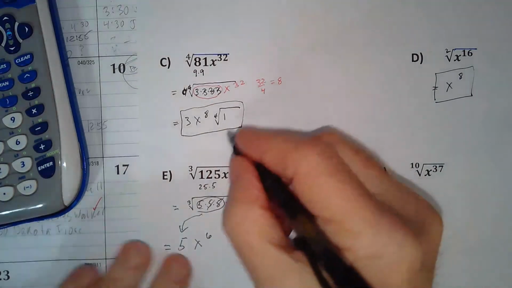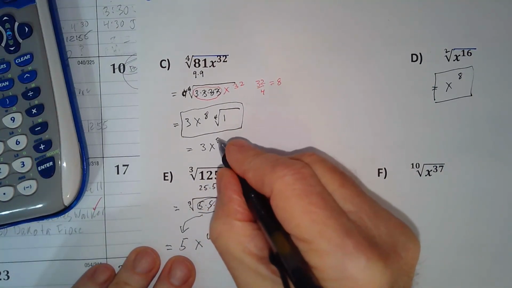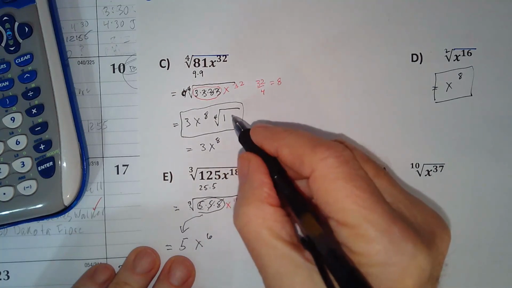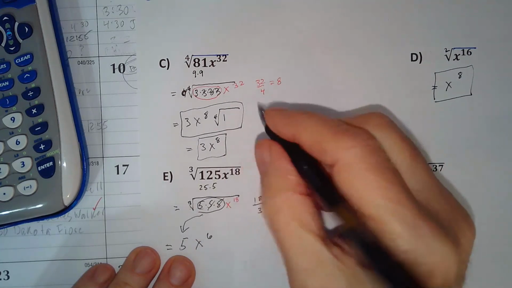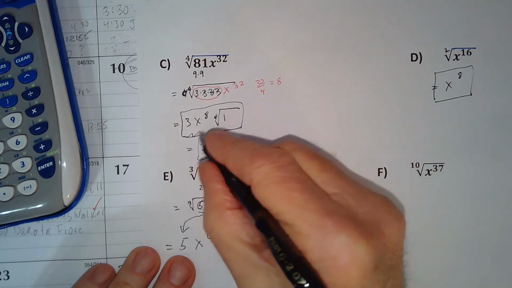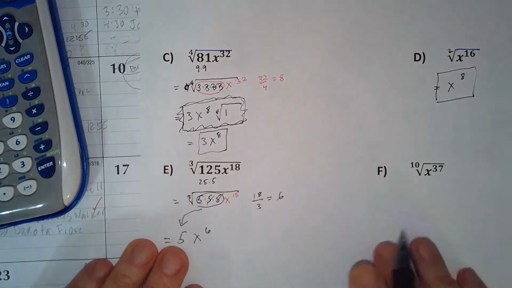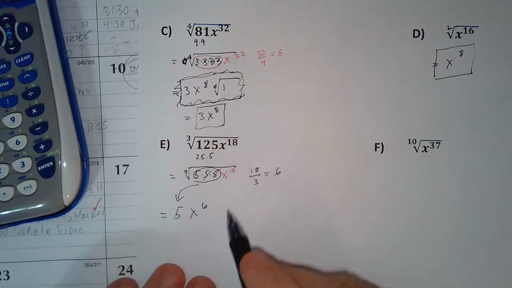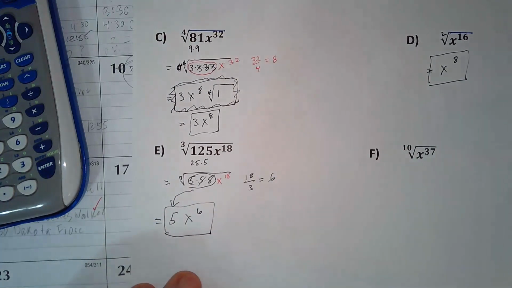So we can rewrite this as 3 times x to the 8th. So we can get rid of the radical. That was my mistake. So this is actually the correct answer up here. We don't want to consider this one as your final answer. It's an intermediary step. Okay. All right. Now this one here, though, 5x to the 6th, perfectly acceptable answer.